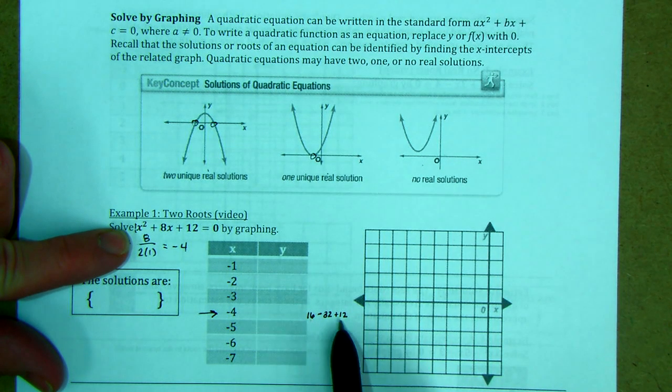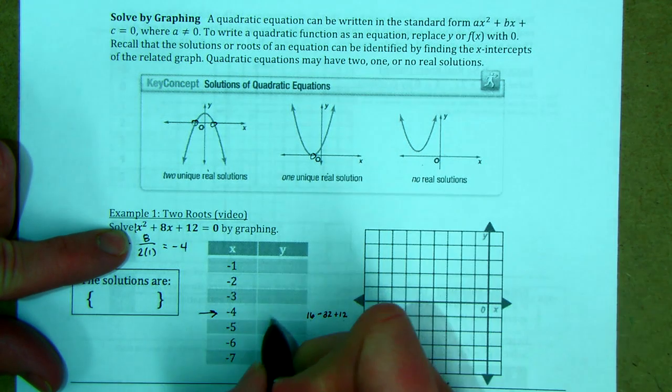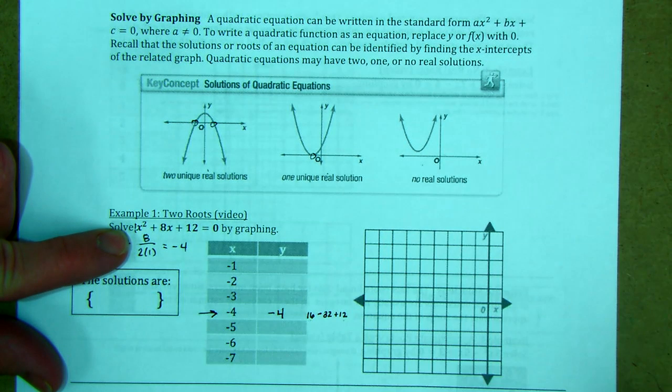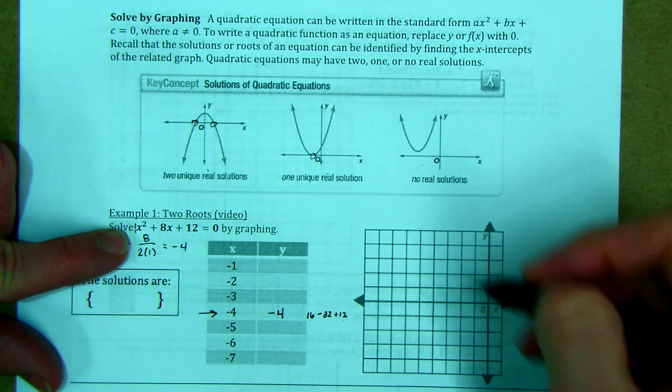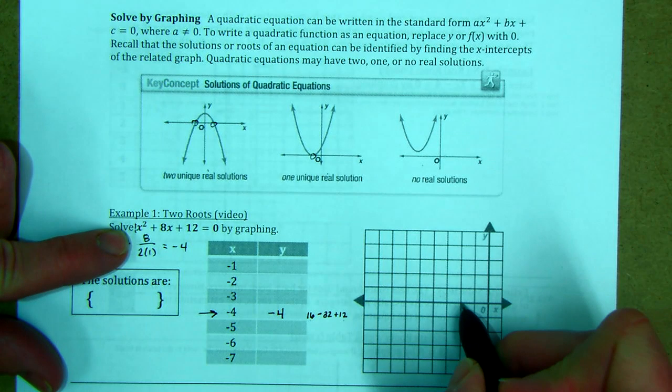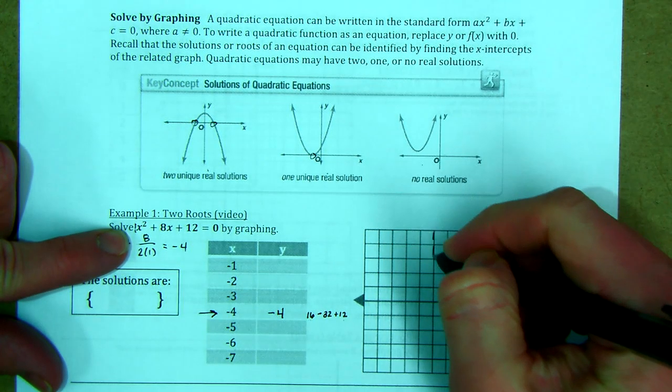Or did I do that wrong? 16 minus 32 plus 12. Sorry, yeah, -4. So there's our vertex, and there's our axis of symmetry, 1, 2, 3, 4, right here. All right, so our vertex is at -4, -4.